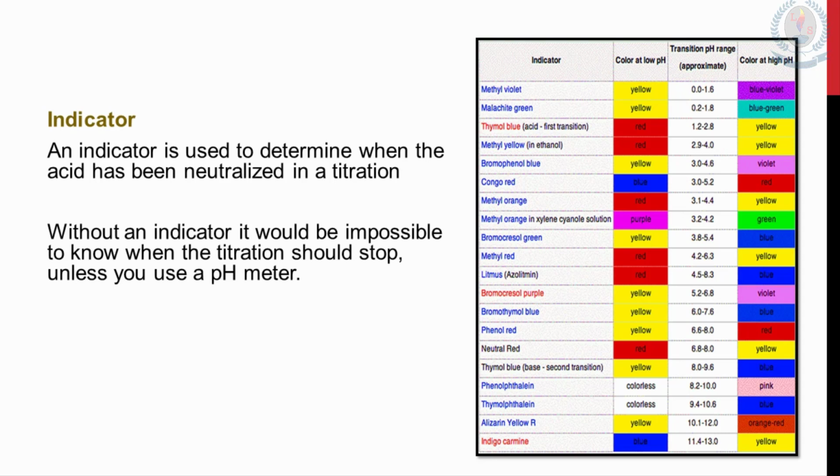These are the list of indicators I have mentioned in this slide according to the transition pH range, and I gave the colors of the color changes at low pH and at high pH, that means in acidic media and in basic, alkaline media. So let's move to the other slide.